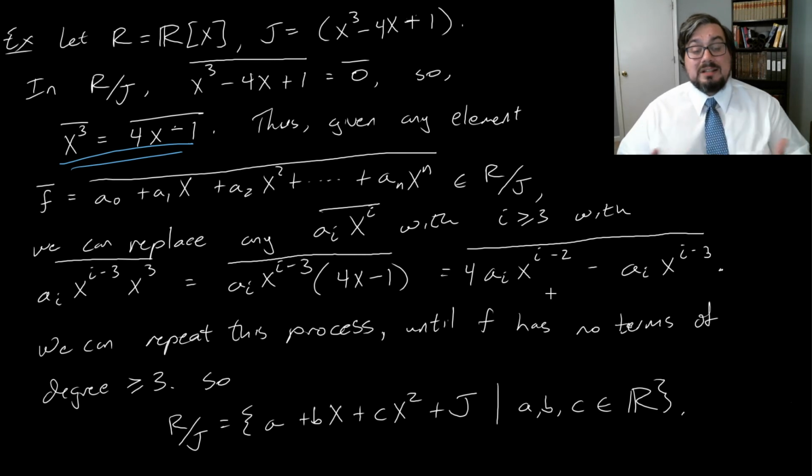Now, in particular, this means that we can look at properties of the ideals and try to say what they will do to the factor rings that we make using that ideal.